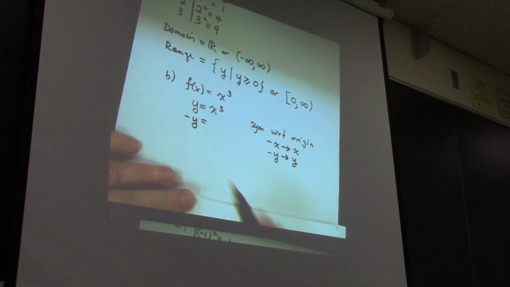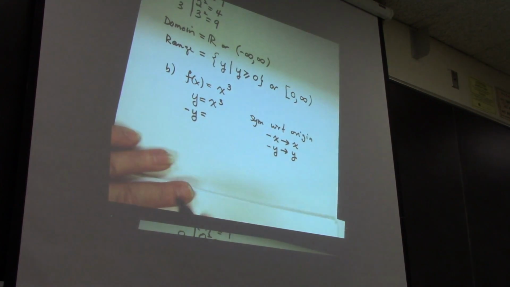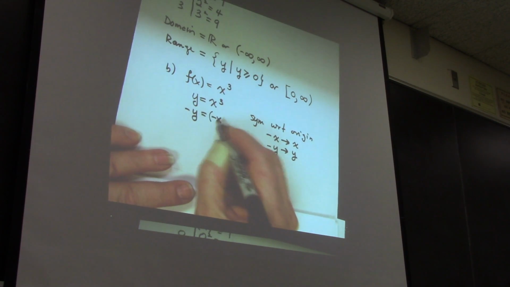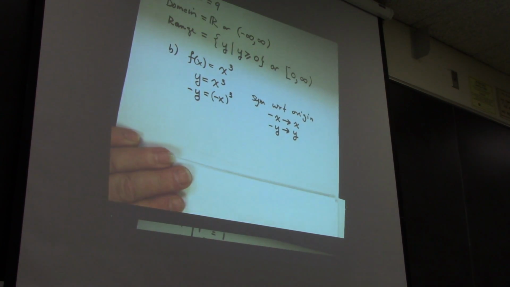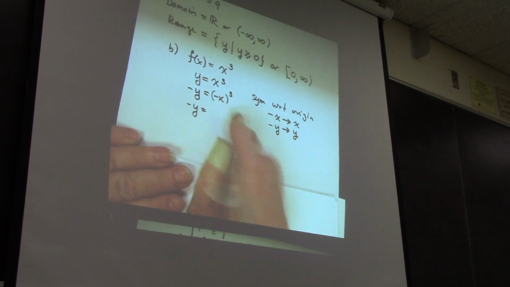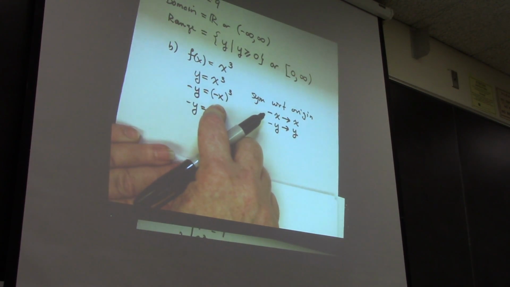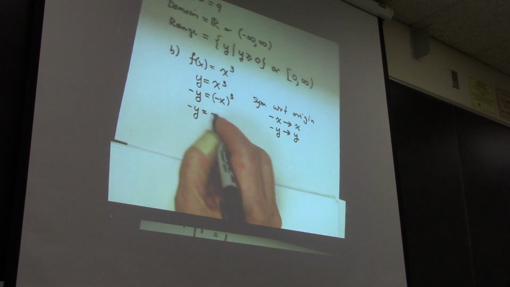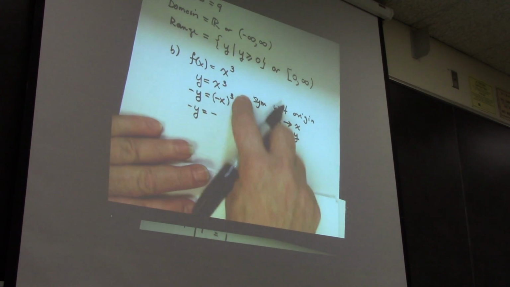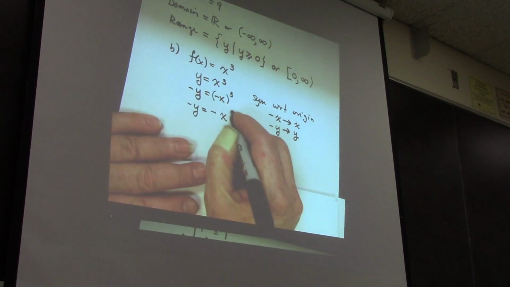So negative y, substituting for y, opposite of x quantity cubed instead of x cubed. Now, opposite of x cubed is negative x times negative x times negative x. We have 3 negative signs, so it's negative, and then we have just x cubed.